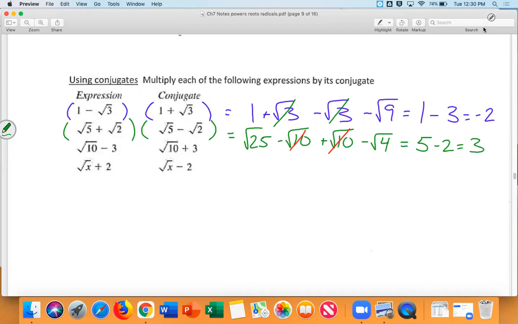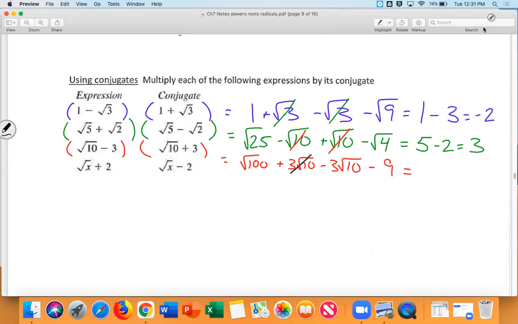Pretty easy, right? With this one, the more you do it, the easier it gets. We're going to get root 100, and then I'm going to have plus 3 root 10 minus 3 root 10. And then I have minus 3 plus 3, that's minus 9.